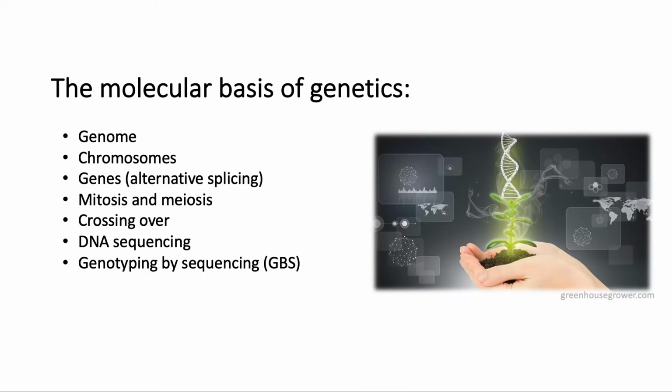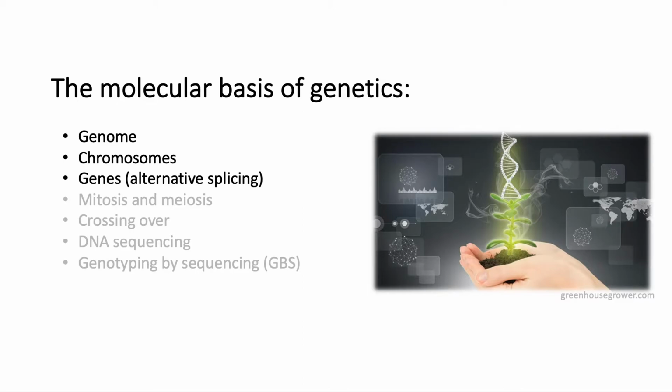And today I want to discuss the molecular basis of genetics, basically because genomic selection is a combination of the traditional plant breeding methodology, but also we're going to use a lot of information in the genome and sequencing data. So that is why I just want to be sure that everybody is on the same page with these concepts.